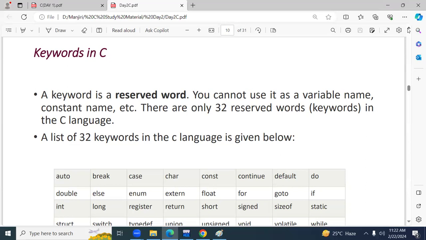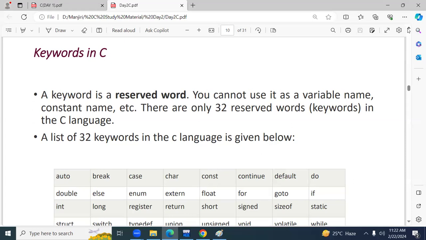Similarly, in C programming also there are inbuilt words. With the help of these inbuilt words, we can create our own words, our own statements, our own sentences, and after making the sentences, we can create a paragraph with the help of these 32 keywords.